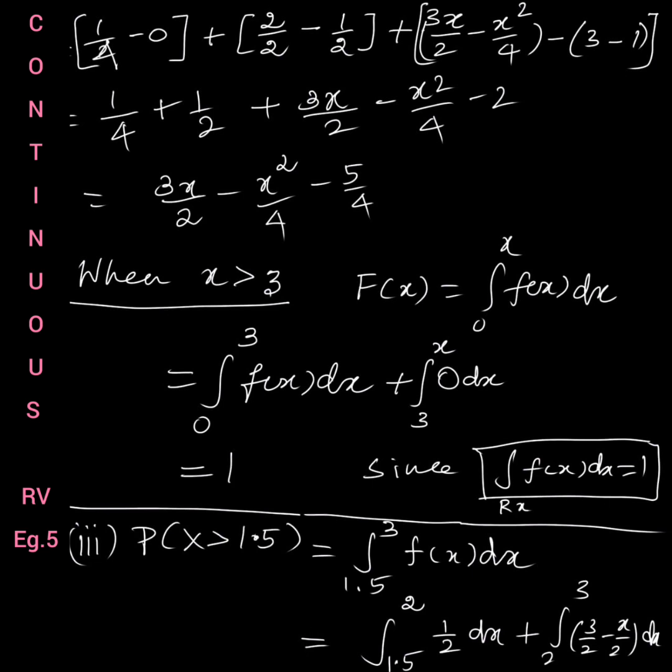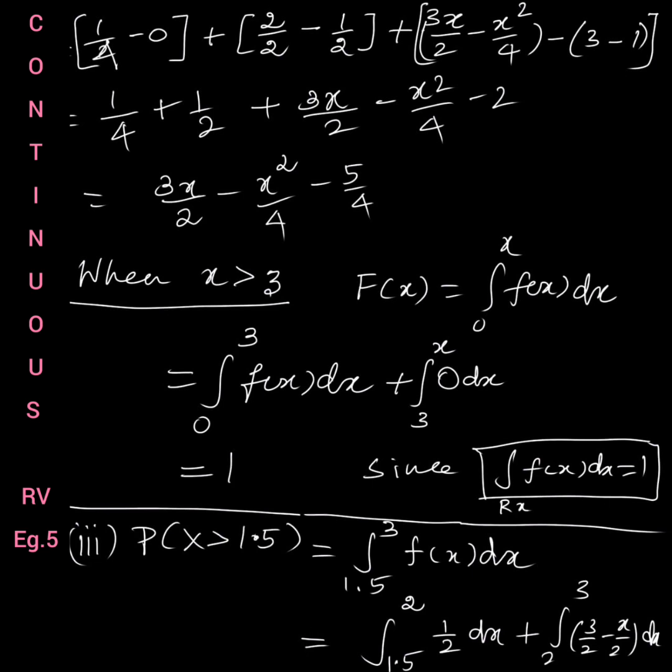So after doing the same procedure with the respective integrals, we get the final function as 3x by 2 minus x square by 4 minus 5 by 4 for capital F of x in the interval x 2 to 3.